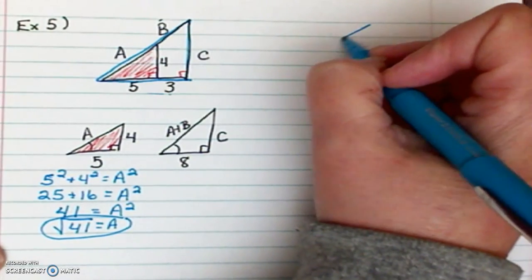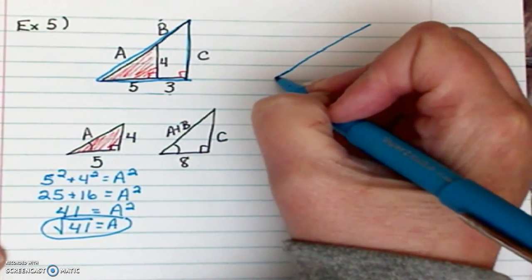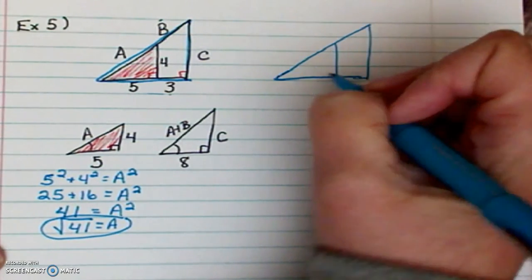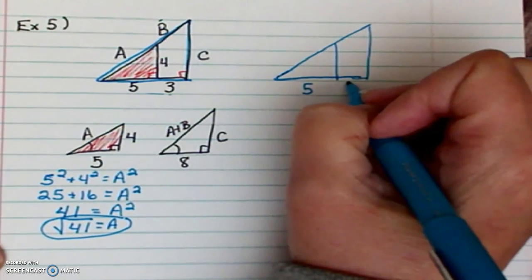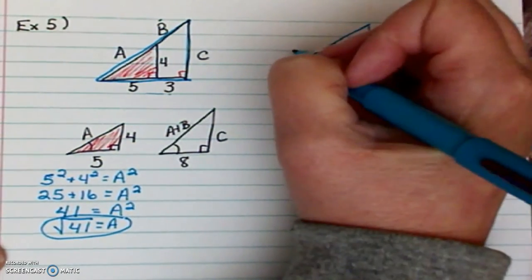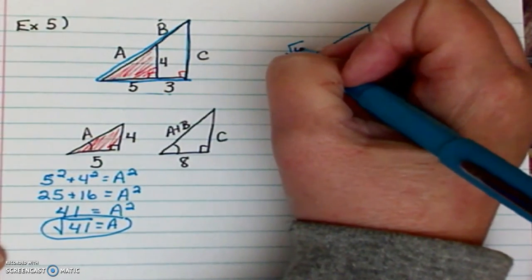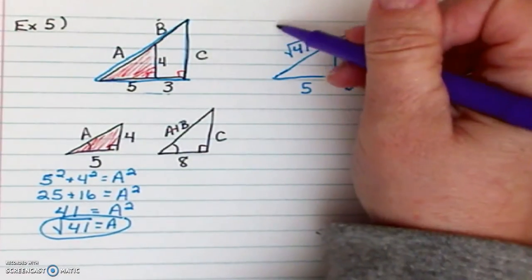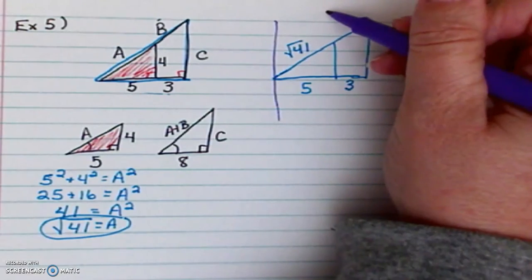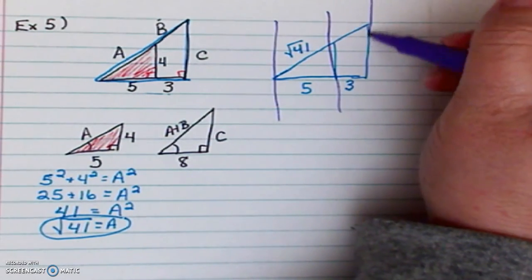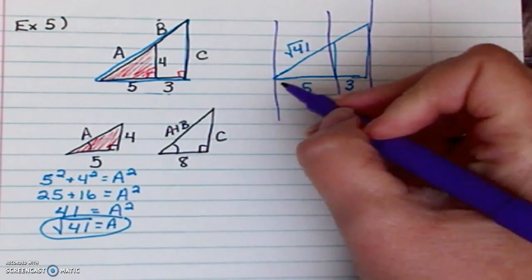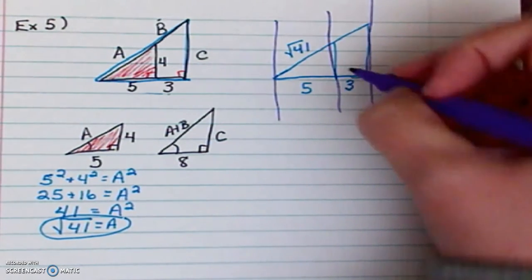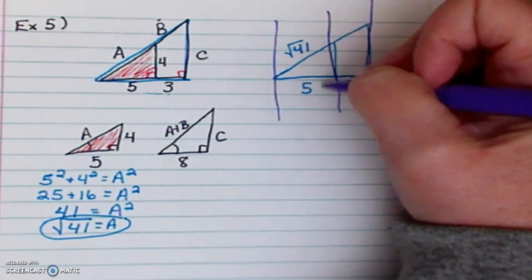So I'm going to come back up here and redraw this triangle. And within that triangle, I will label just these base values of 5 and 3. And we found a to be the square root of 41. Now we've talked about before how if you have parallel lines, and I have these parallel lines here, cut by two transversals, which are the two blue transversals that you see, you get a proportion that's set up.